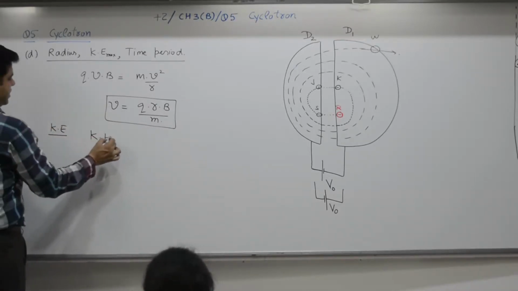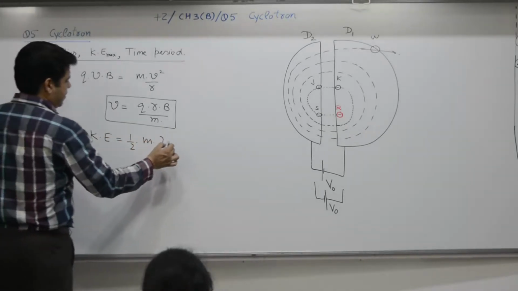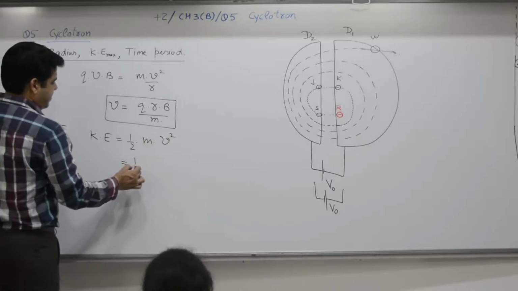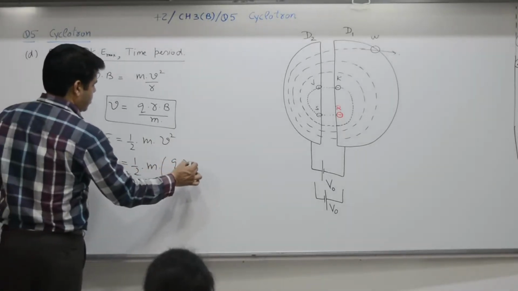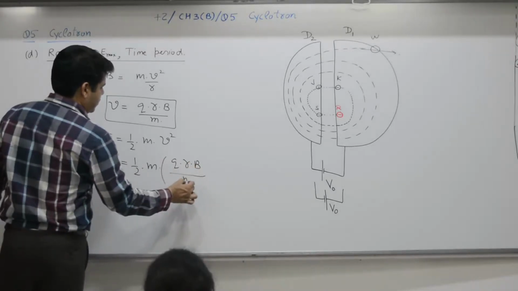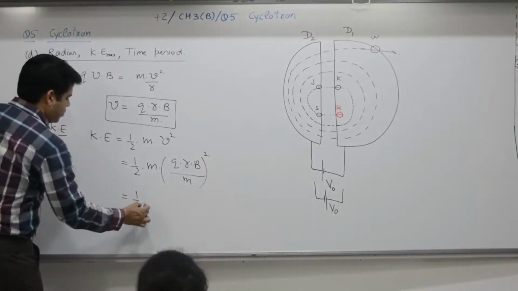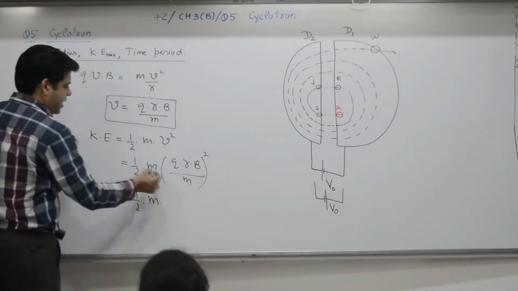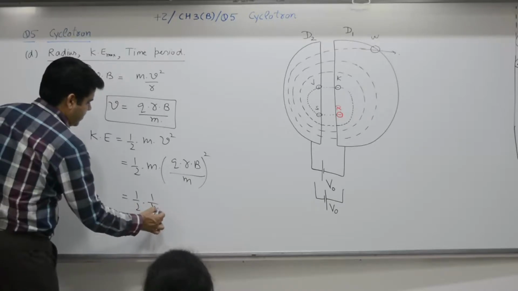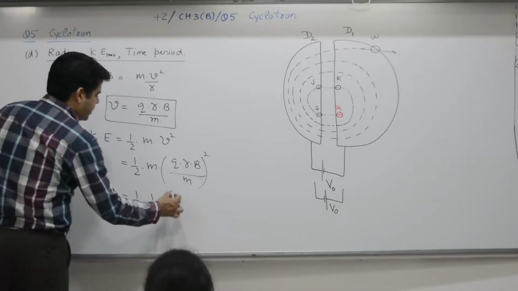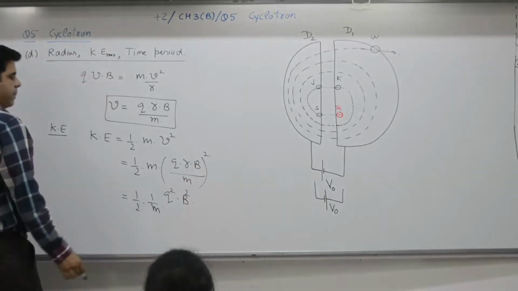Kinetic energy is equal to 1 by 2 mv square. 1 by 2 m. V is what? QRB over m whole square, is equal to 1 by 2 m. m by m square. Yes. 1 by m. Q square B square into R square.